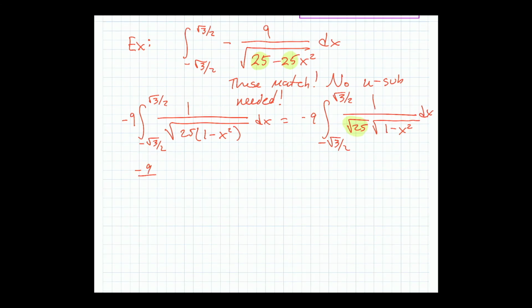You have negative 9 over 5 times the integral from negative square root 3 over 2 to positive square root 3 over 2 of simply 1 over square root of 1 minus x squared. So you end up there, and that did not require a U-substitution. Then you look at this integral and ask, what is this?